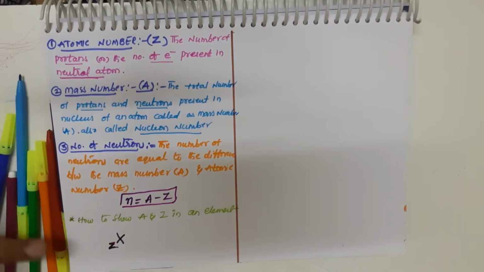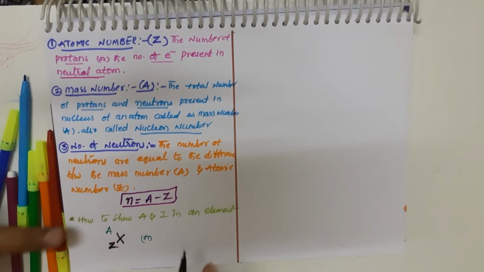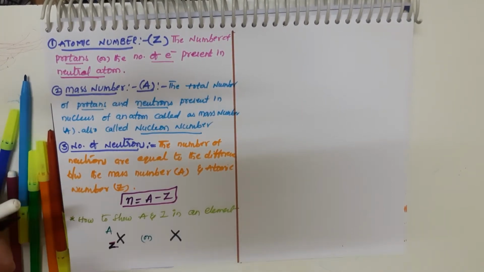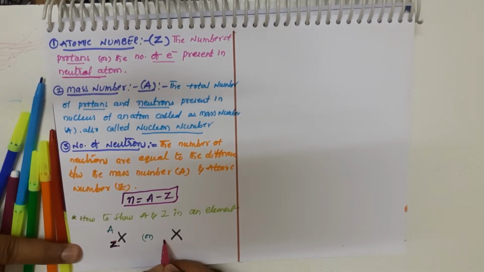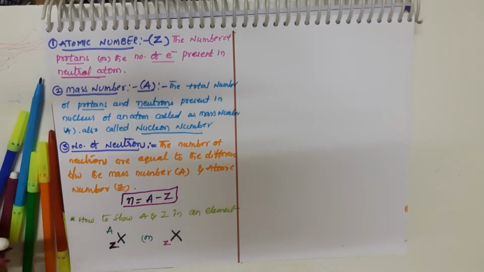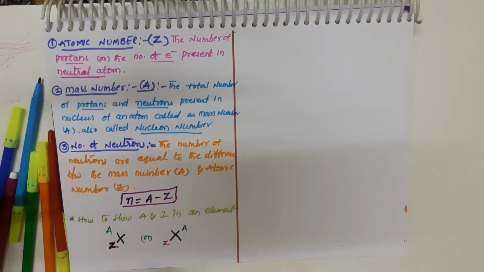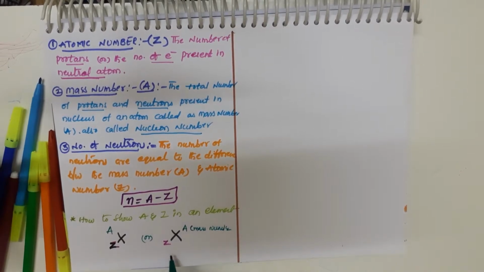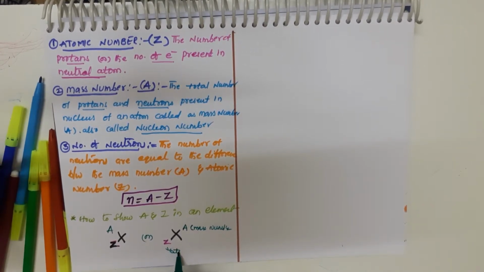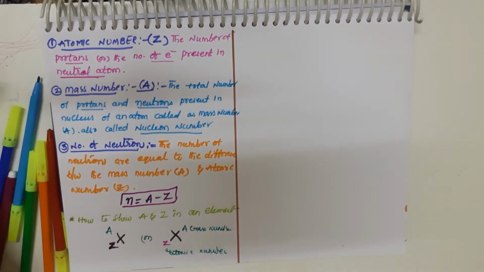Or the other way, with the element, the atomic number at the bottom, and the top right side is the mass number. The difference between these two is the number of neutrons.